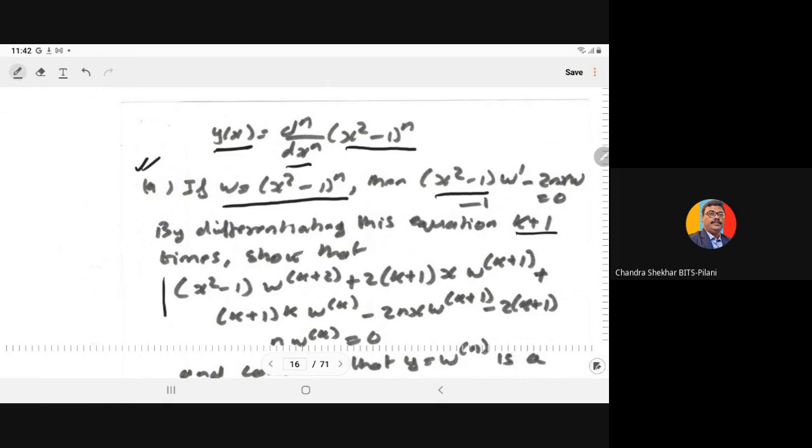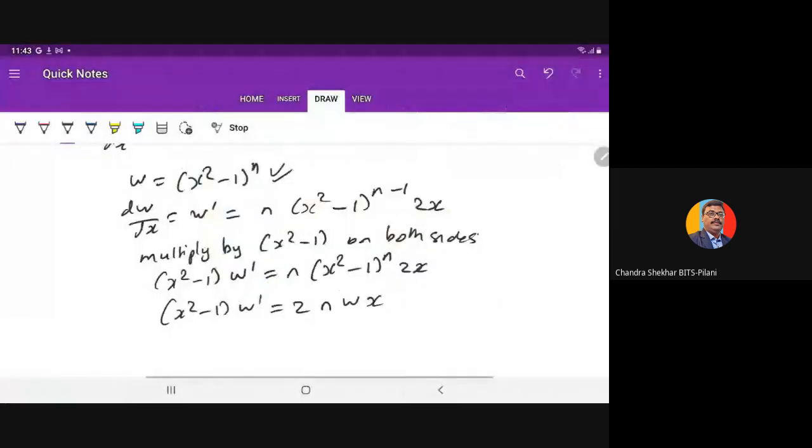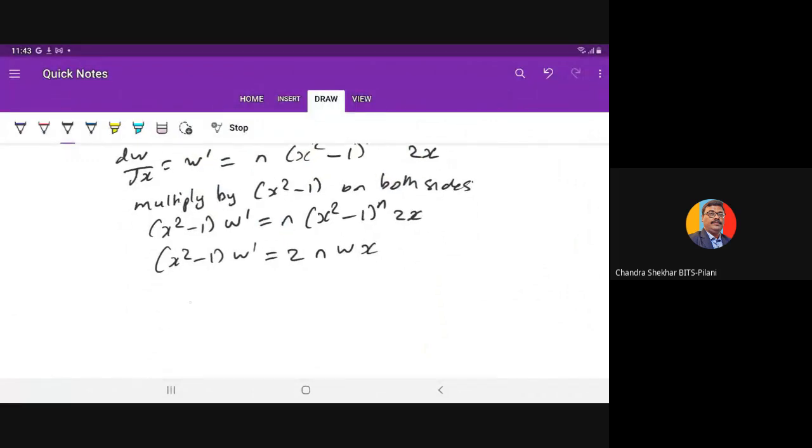So if you differentiate this k plus 1 times, we have this result: (x square minus 1) w dash minus 2nwx is equal to 0.